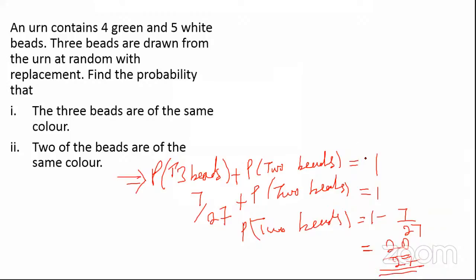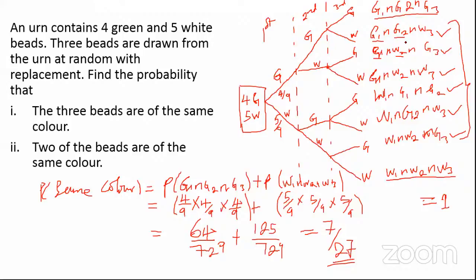So this method here would be a shortcut to help us save on the time. However, if the worst comes to its worst, you can go back and get this probability plus this, plus this, plus this, plus this, plus this, as we have done here. But still you'd end up with the same probability, which is 20 out of 27.